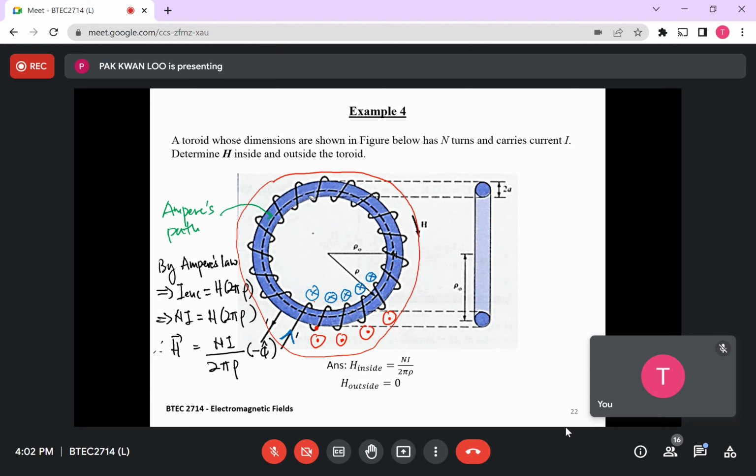The application of Ampere's law in this case is feasible because the current distribution is symmetrical.